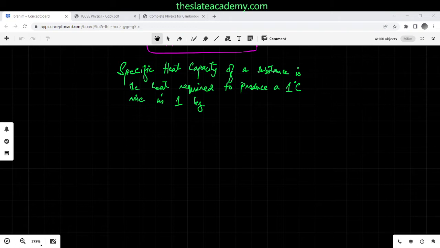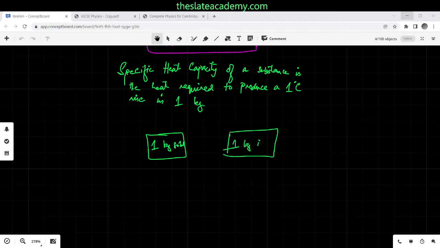Okay. So how do we interpret this particular definition that we have just written? If I've got two different substances, let's say I've got 1 kg of gold and 1 kg of iron, or let's say water.